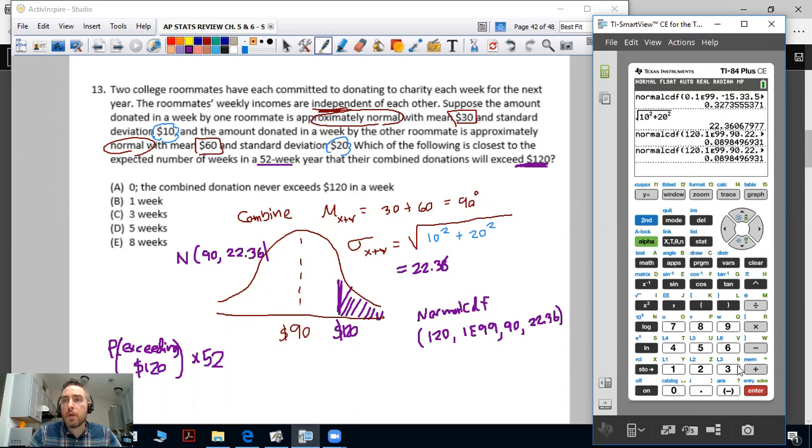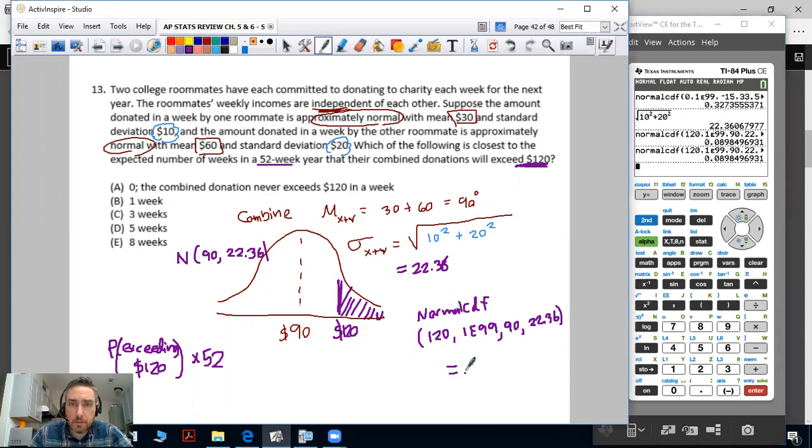So it's about 0.0898. So about 9%. So this area here is roughly 9%.